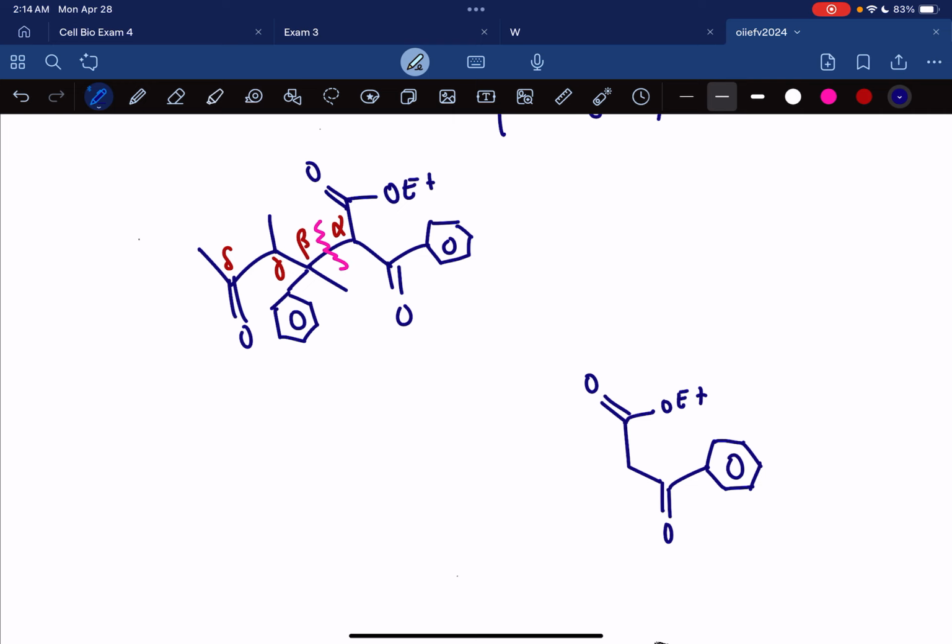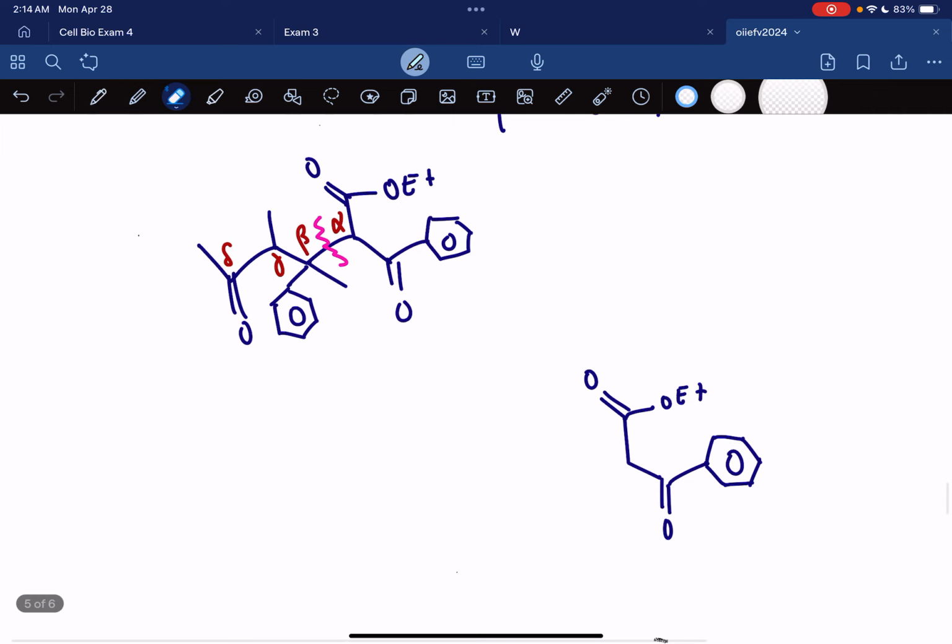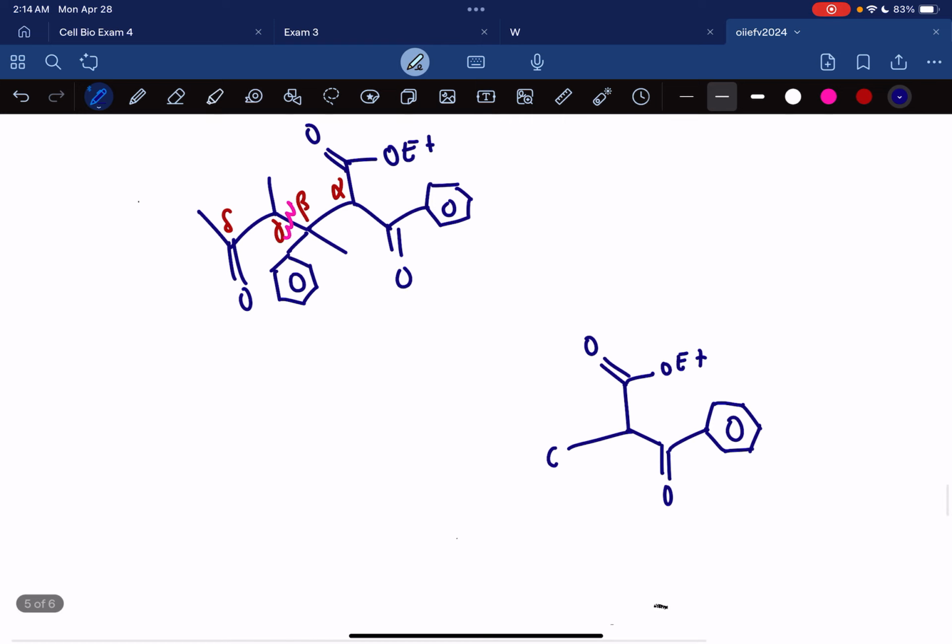So we can leave this here and take that back and split it between the beta and gamma carbon. So you can do the other way too, but this will be easier, I think. So the alpha carbon will still be substituted here, and this carbon will have the methyl. So there'll be methyl here and this group here, like this.